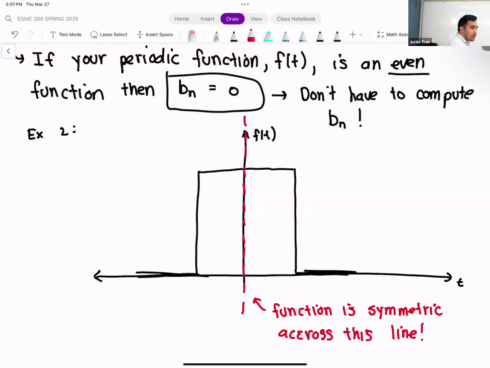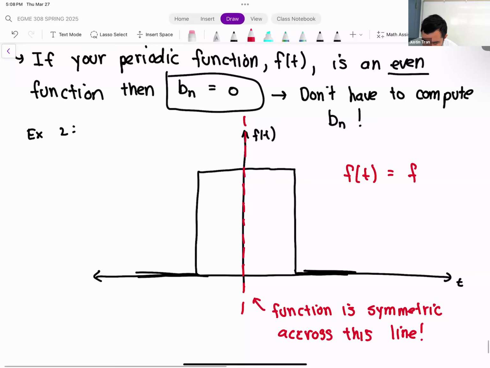That means you're going to have the same value of the function on the left of that line as on the right, granted that we're an equal distance away. Mathematically, if you have f of t, the mirror image of this point is going to be f of minus t, on the other side of the vertical axis. And so for an even function, we have f of t is equal to f of minus t.